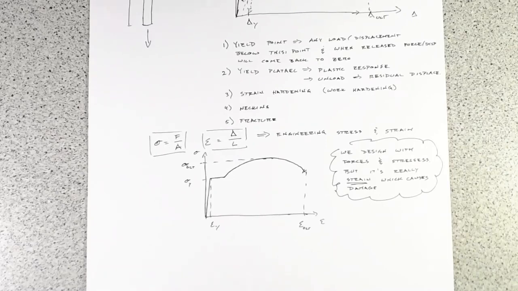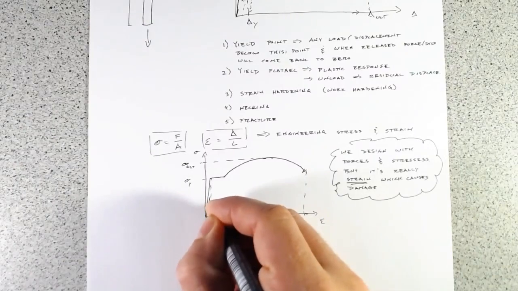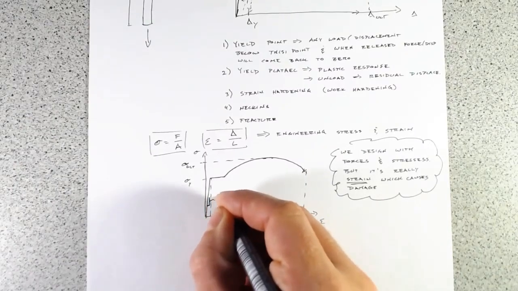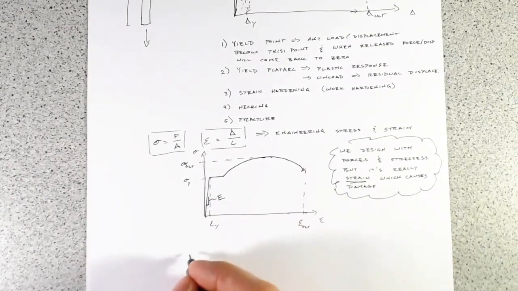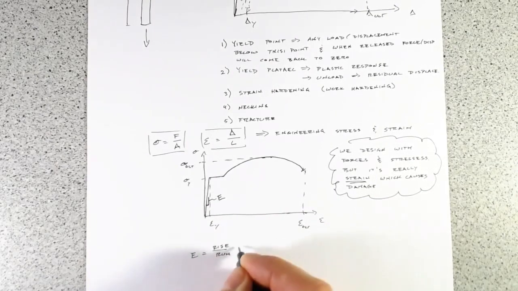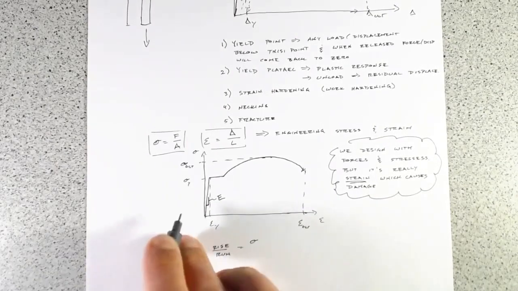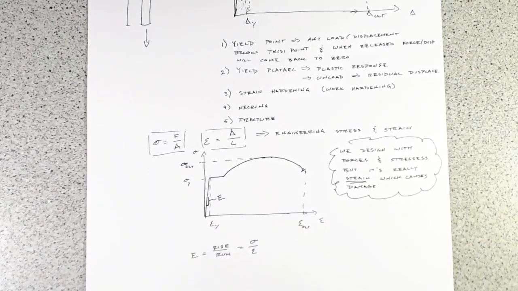Yeah. So the next thing we want to look at is the relationship between stress and strain, which is the slope of our proportional line here, and we call that E. If you have E equals rise over run, that's just going to be sigma over epsilon, our stress over strain.